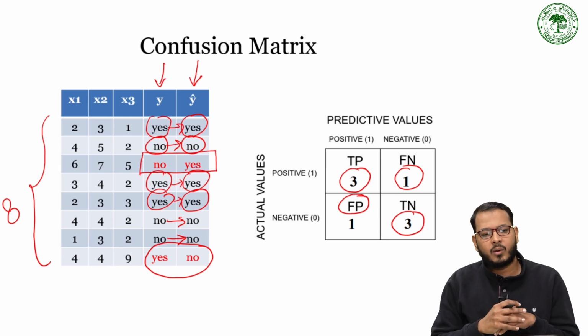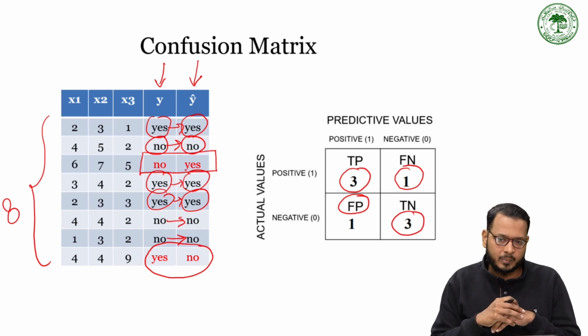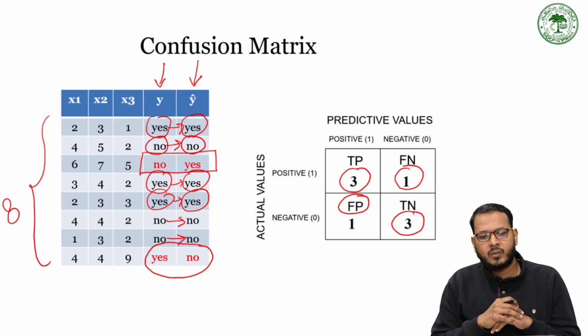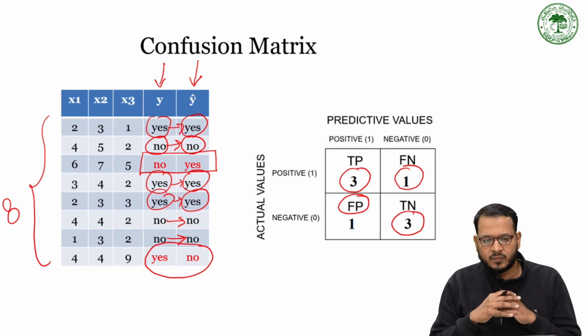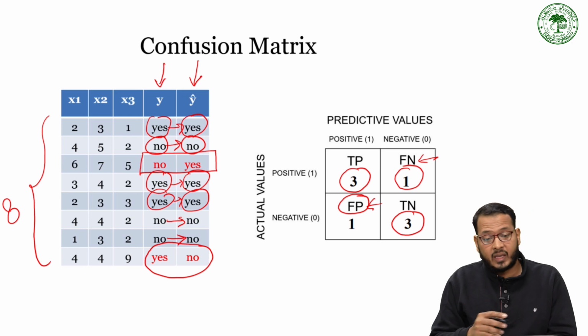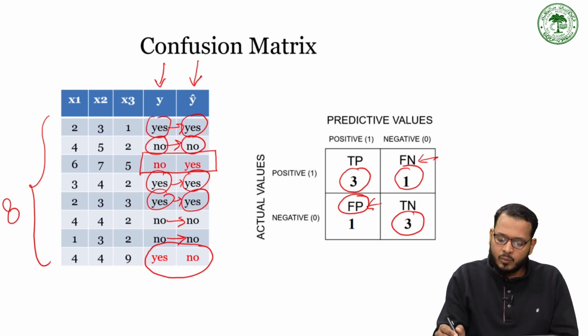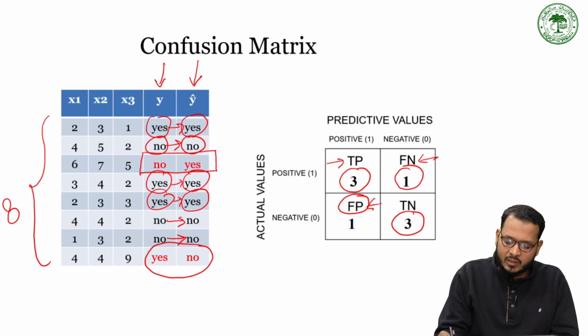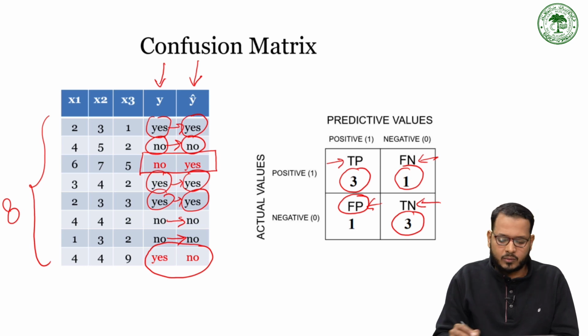So this is how we calculate our confusion matrix. Remember, when we do not have a confusion matrix and have only accuracy, we do not have a good understanding of FP values and FN values, because accuracy focuses only on true positive and true negative values.